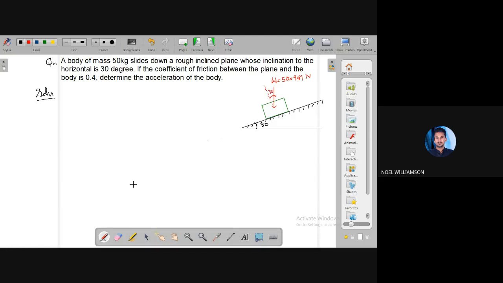Now for simplicity, we can take the x-axis along the inclined surface, like this.